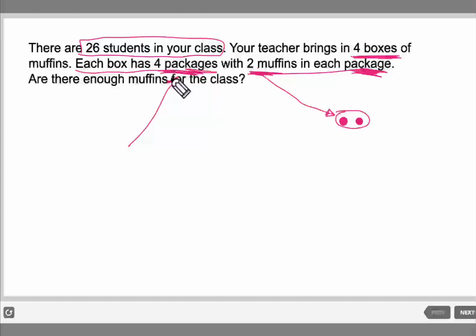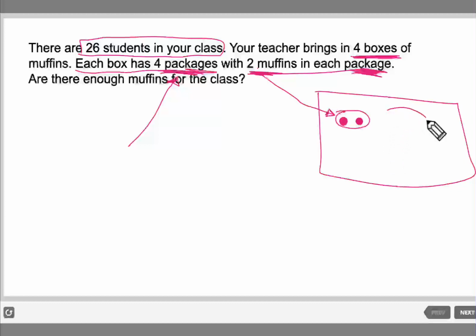We have 2 in each packet, and we have 4 packages in each box. So if we make a box like this one, how many packages should I put here? I should put 4. So this is another one. How many muffins in this one also?